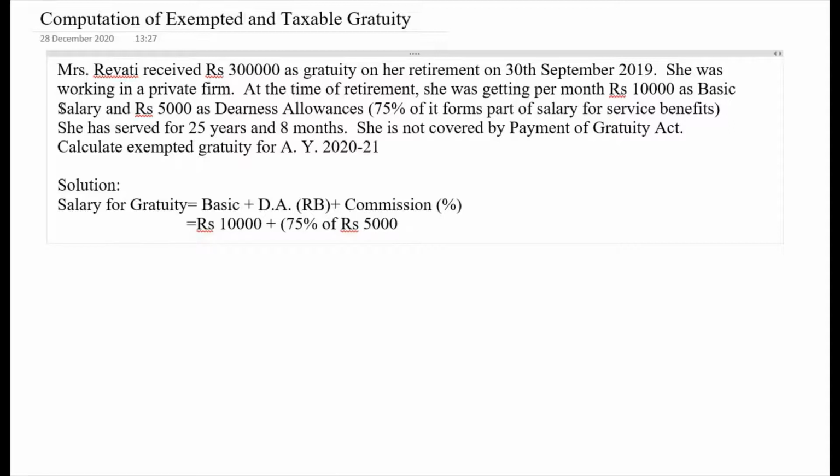Simplifying, we get rupees 10,000 plus rupees 3,750, which equals rupees 13,750, the salary for the purpose of gratuity.